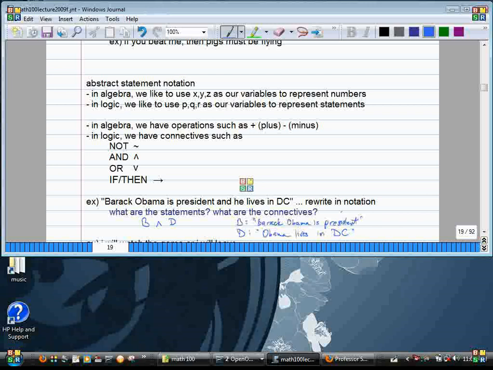So that's our first basic example. Any questions? Okay.